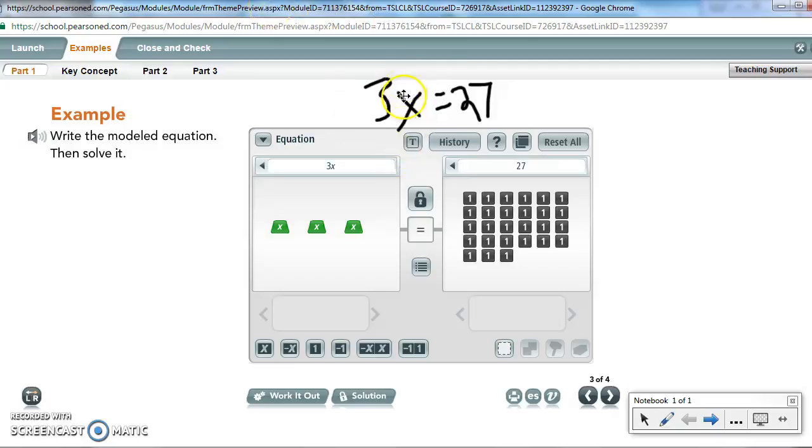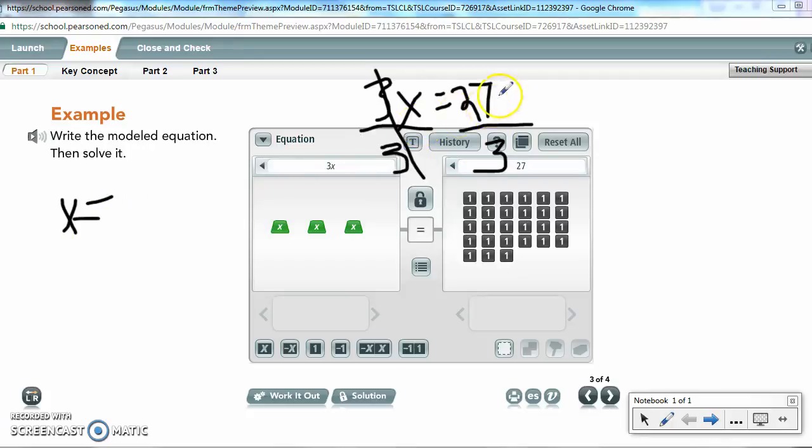My sign here is multiplication because I have a number next to a variable. What is the opposite of multiply? The opposite of multiply is divide. So you need to divide by 3 on both sides because you want to get x by yourself. What's left? x is equal to 27 divided by 3, which is 9. So my answer must be 9.